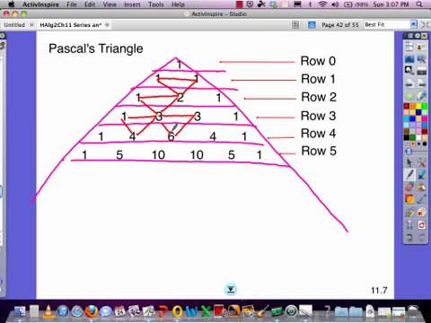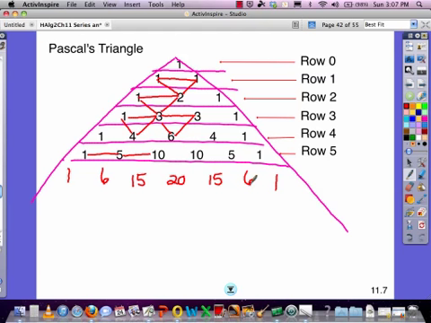So we could now, knowing that, write this next line. We already know that it starts and ends with ones, and then we look. Oh, this next term has to be 1 and 5 is 6. 5 and 10 is 15. 10 and 10 is 20. 10 and 5, and you see that repetition, and that's another characteristic that I think we should mention. There is this symmetry to this.